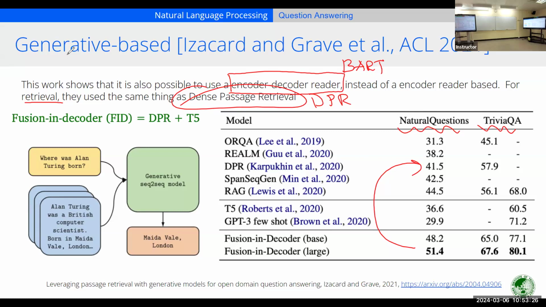You understand my point? Then probably in that scenario, an encoder-decoder reader makes more sense. When the answer is not inside the passage, but you need to generate a new answer, then this architecture may work better. So feel free to take a look.